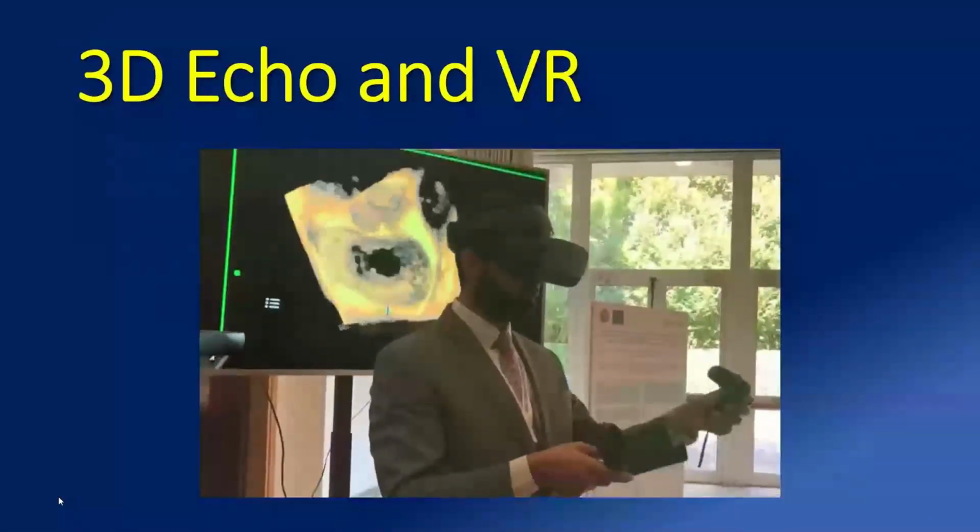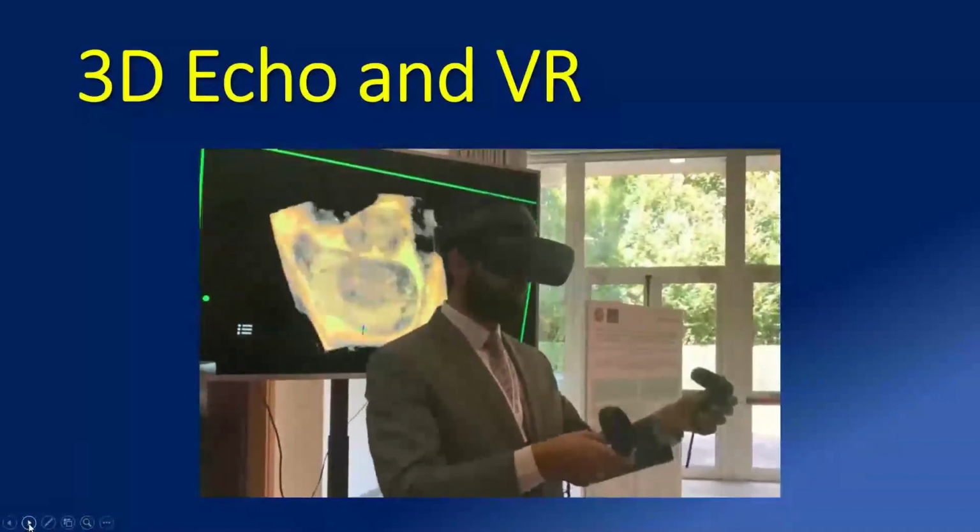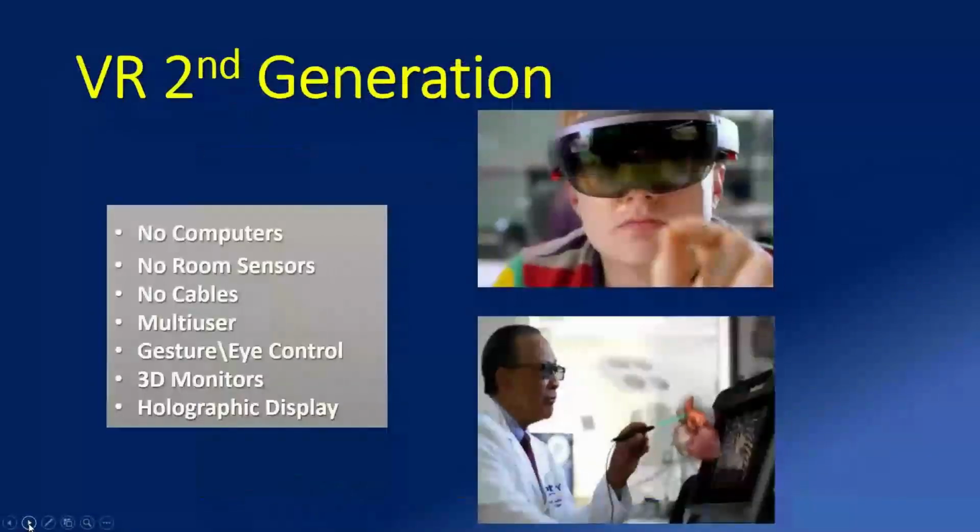We may think that this is the future, but in reality, this is already the past, because we nowadays have second generation virtual reality glasses, which are lighter, do not require computers, room sensors or cables, and can be multi-user, and controls can be obtained just by eye movement or the movement of our head. And also nowadays we have the possibility of 3D monitors with holographic display.